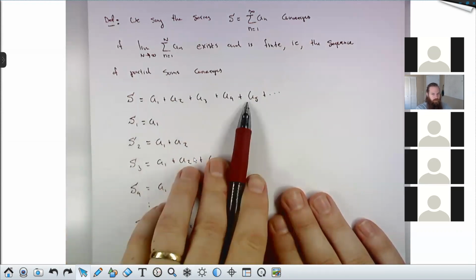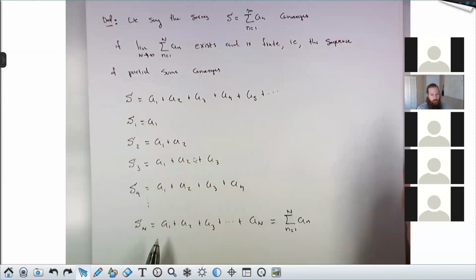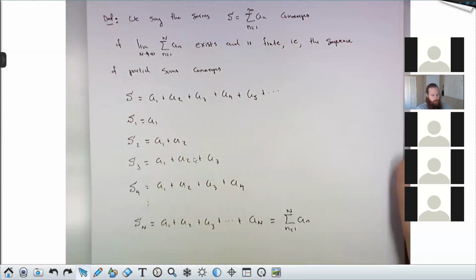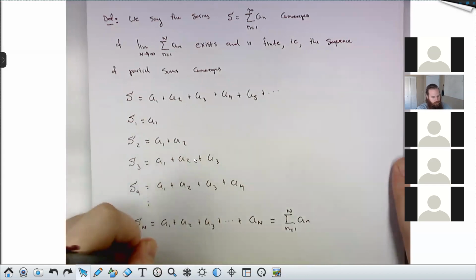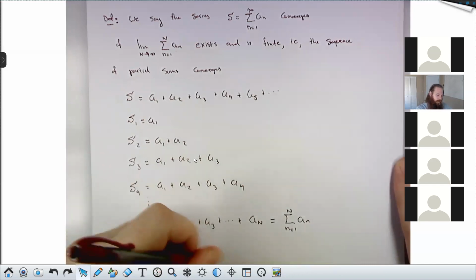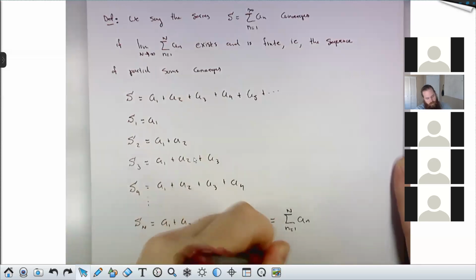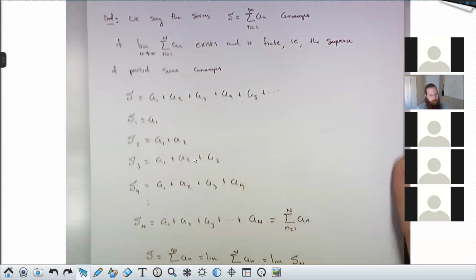If S exists, it should be the limit of the series of length n, because S is the series of length infinity and S_N is the series of length n. And this is exactly what we had written on the previous page, that the full infinite sum, the sum from 1 or wherever to infinity, is the limit as n goes to infinity of the finite sums. And it's just the name, the finite sum is called S_N.